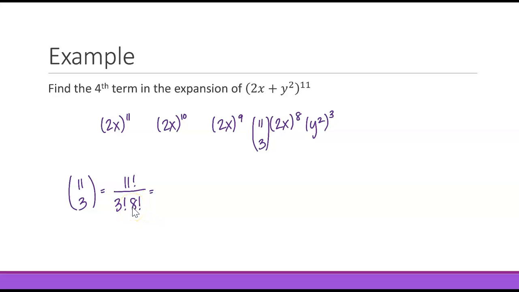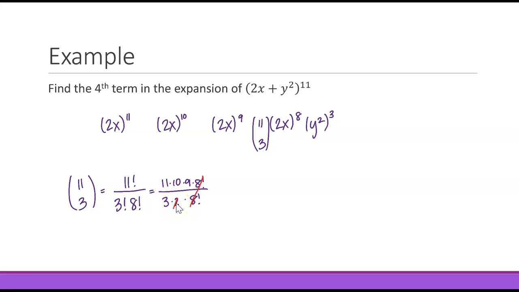So let's simplify this thing. We get 11 times 10 times 9 times 8 factorial, where I will stop to cancel with the 8 factorial on the bottom. And I'll expand the 3 factorial. You might think these are going to be really big numbers, but there's a lot of canceling and simplifying that you can do.